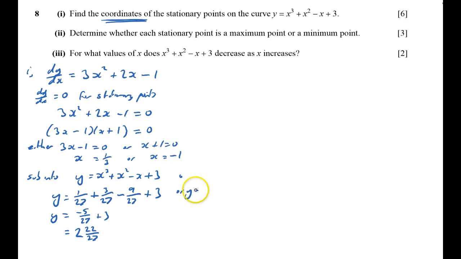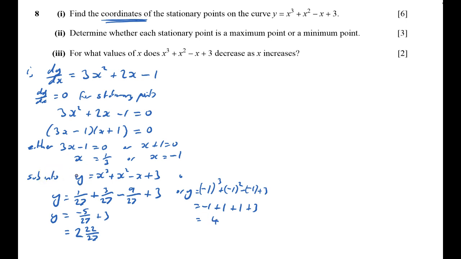Or, y equals minus 1 cubed is minus 1. Let's do it like this: minus 1 cubed plus minus 1 squared minus 1 plus 3, so that equals minus 1, that will be plus 1, that will be plus 1, and that will be plus 3, so that is 4.